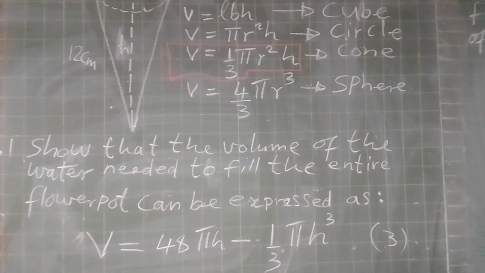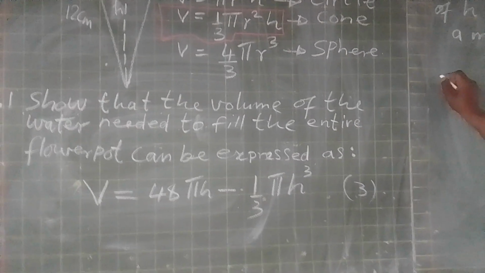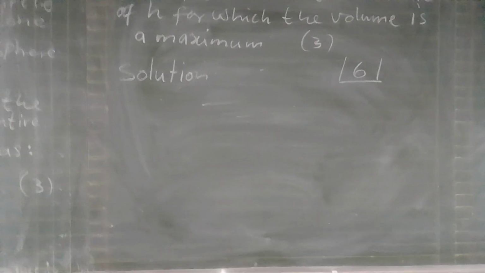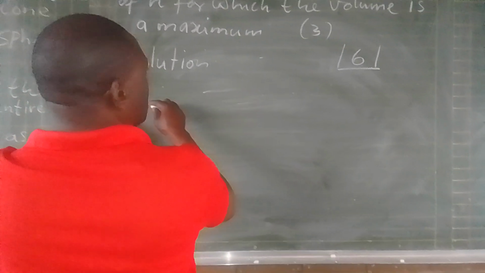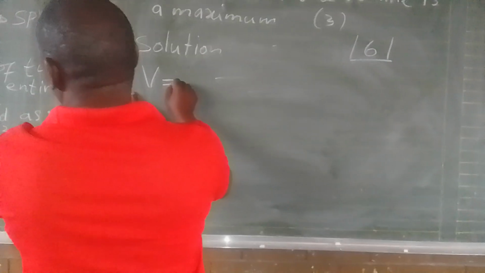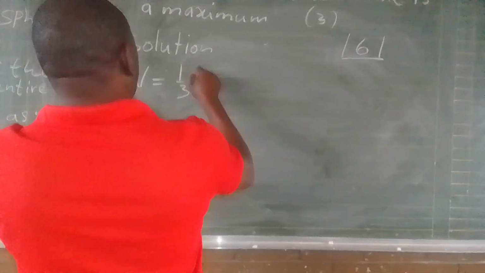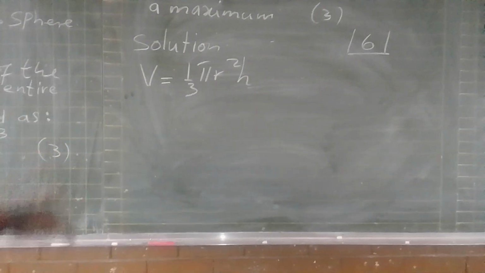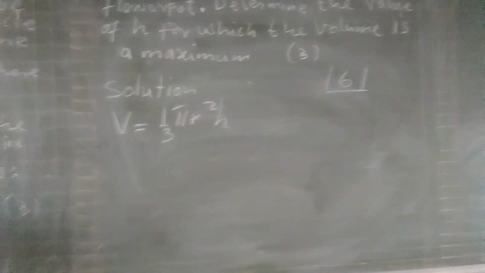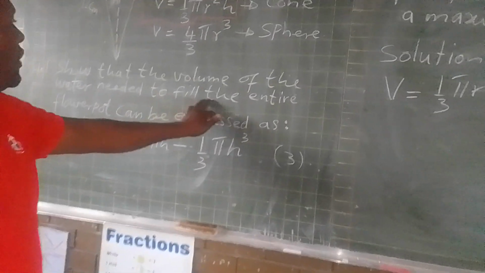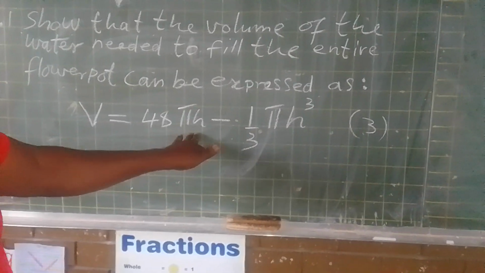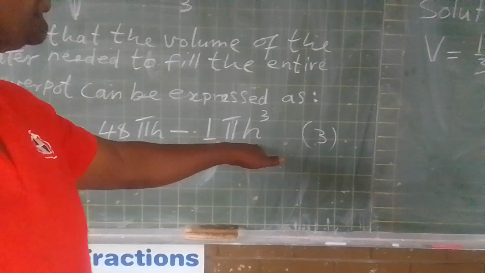Now, the solution. We are going to take that formula that says V equals 1/3 pi R squared H. They say show that the volume of the water needed to fill the entire flower pot can be expressed as V equals 48 pi h minus 1/3 pi h cubed.